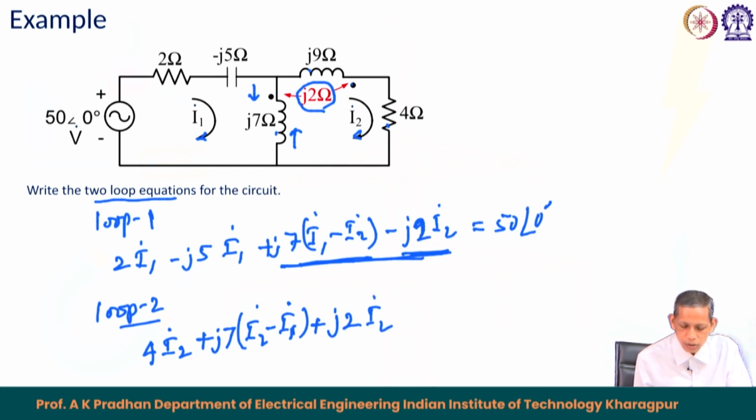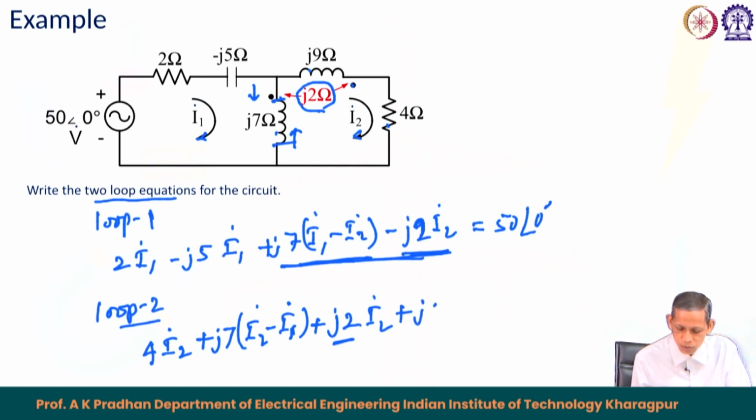Once again we are considering this element now. In this element I 2 minus I 1 is leaving the dotted terminal, and in the coupled J 9 ohm the corresponding current I 2 is leaving the dotted terminal. Therefore, the mutual term will be positive here. So, the mutual term is J 2 and the corresponding current in the 9 ohm reactor is I 2. Then we go to the third term, the 9 ohm reactor.